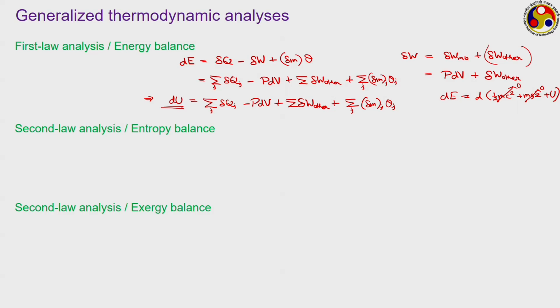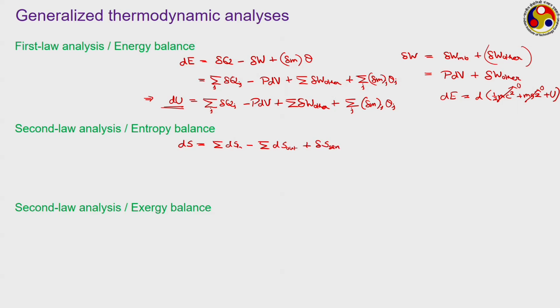We can perform second law analysis based upon the entropy generation concept or entropy balance, and similarly by exergy balance. So, if we perform an entropy balance, then as we have written in the previous lecture, the total change in entropy of a system can be considered to be the entropy coming in, so the summation of all the sources of entropy into the system, minus all sources of entropy moving out of the system, plus entropy generation.